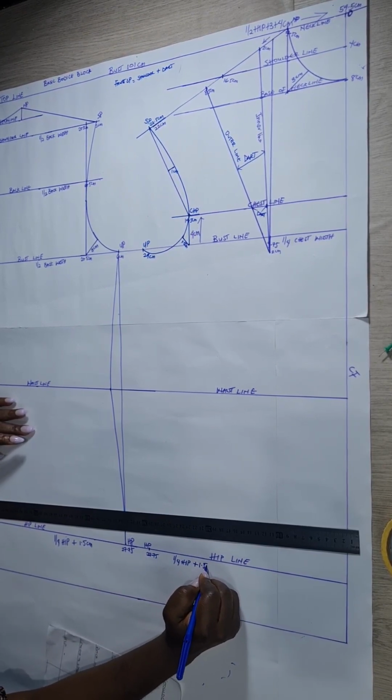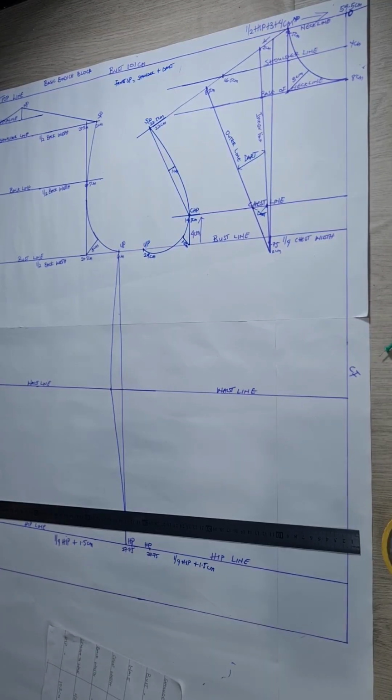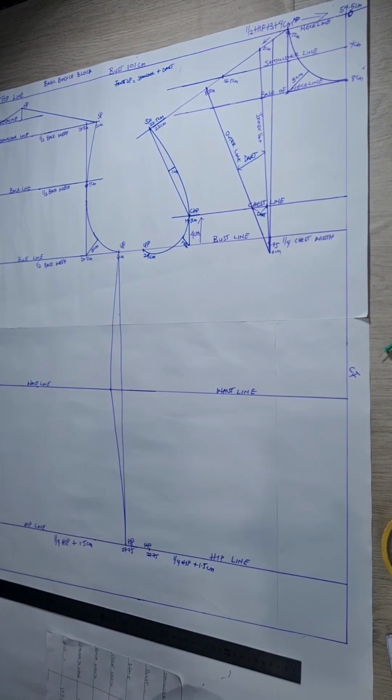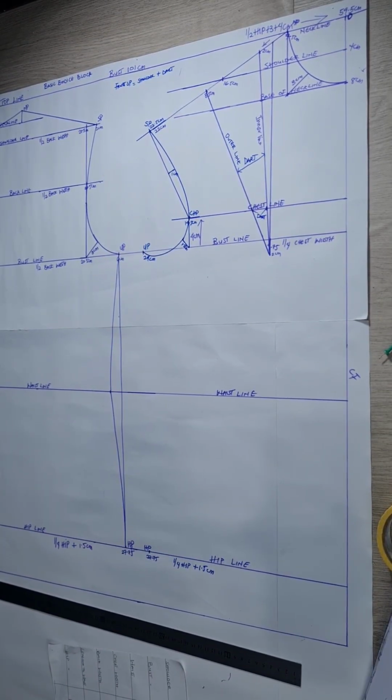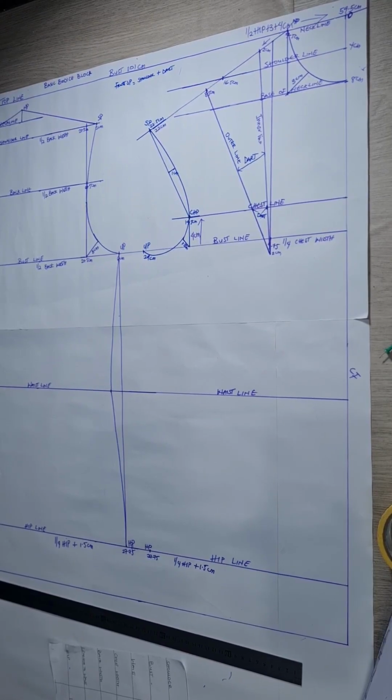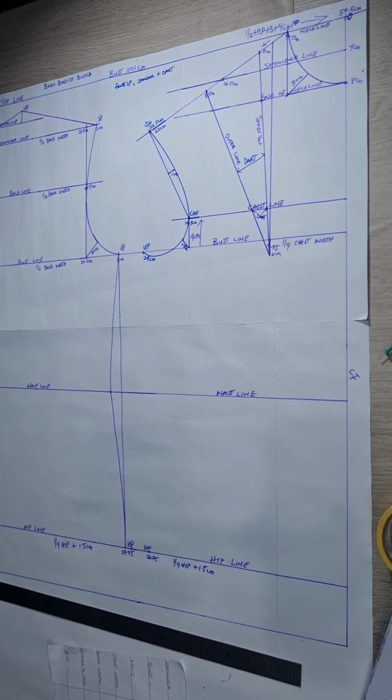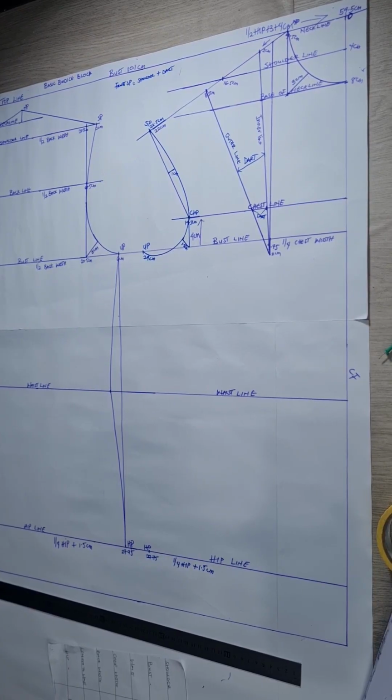Rule the straight underarm seam between UP and HP and then draw the outer shaped seam through a point 1.5 centimeter in at the waist.